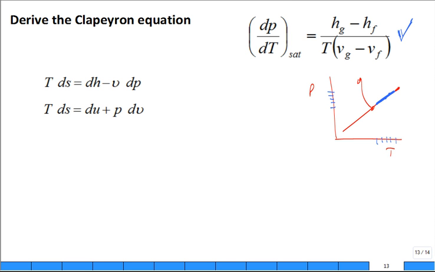I could then differentiate, that's what this is doing, and get the slope at any point along that curve. And then I know that it's equal to the change in enthalpy divided by temperature times the change in specific volume.